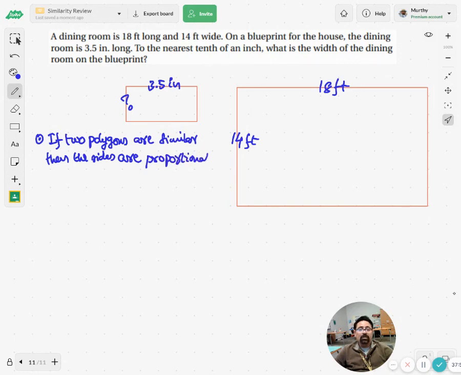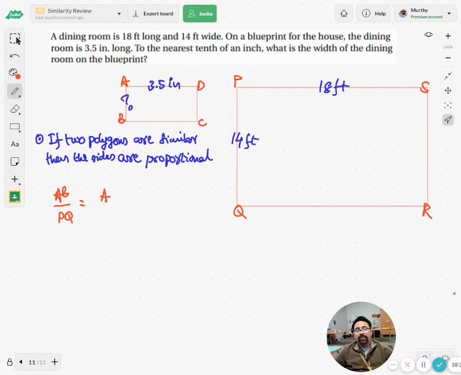Let me name the given figure as A, B, C, D, and here P, Q, R, S. So if I take AB over PQ, these are the corresponding sides, equals AD over PS, these are the corresponding sides.